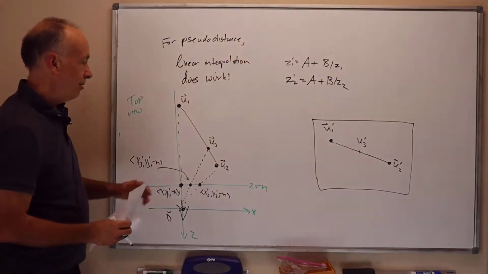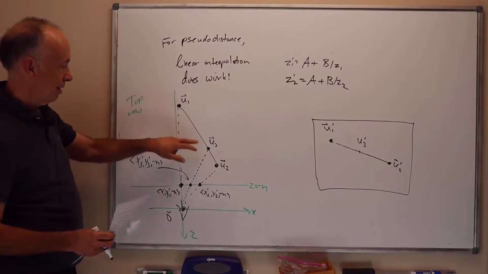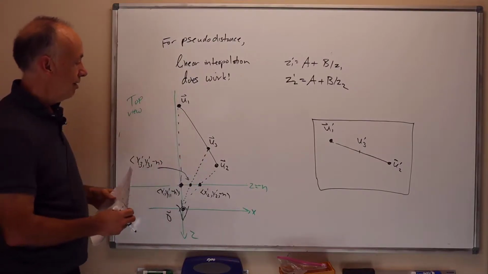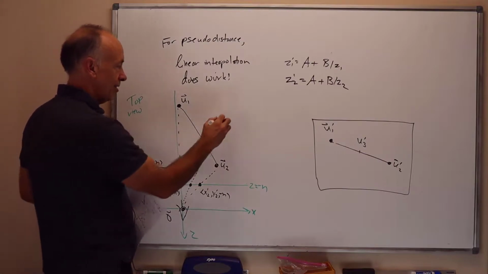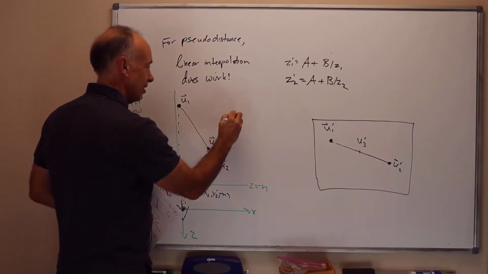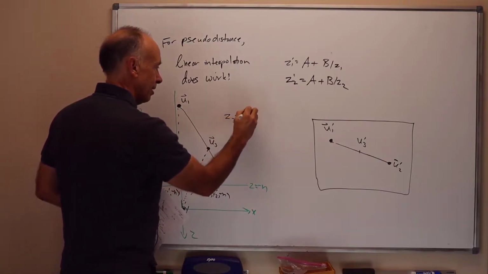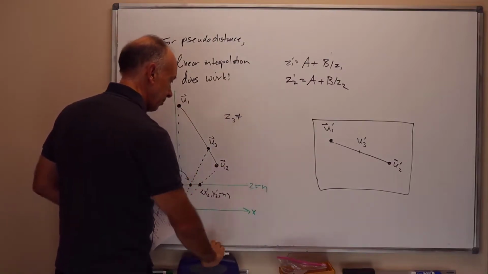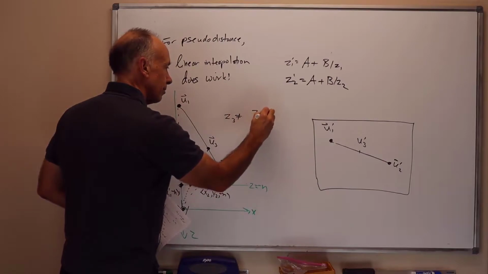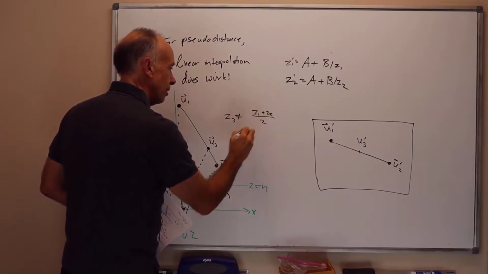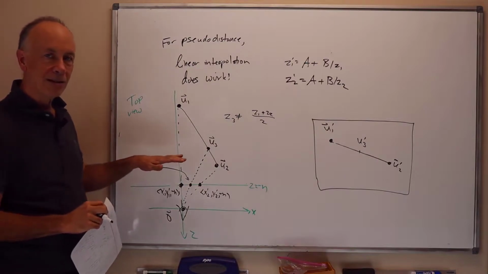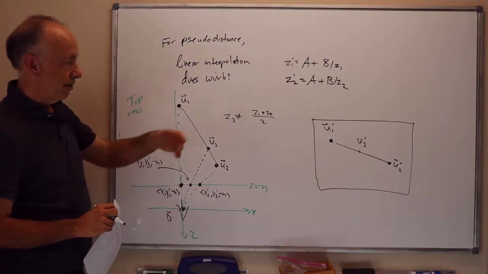Now you'll notice that U3 is not at the middle of U1 and U2, not by a long shot. And so in particular, Z3 is not equal to the average of Z1 and Z2. So linear interpolation would not work on ordinary Z values.